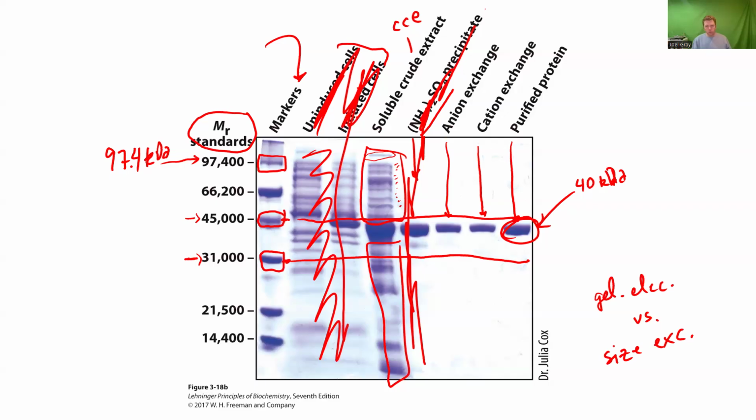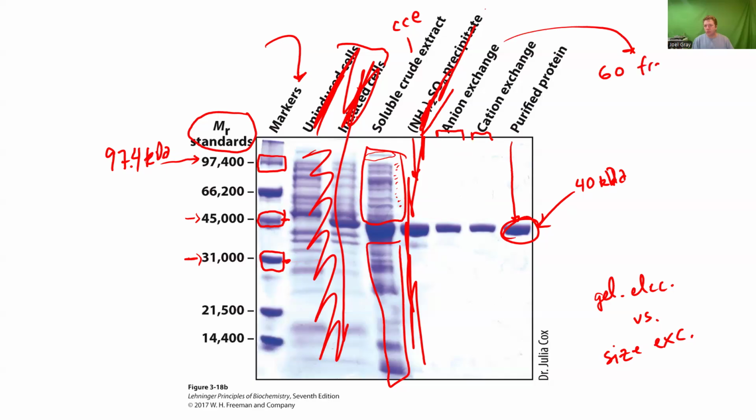So I got a private message question that basically was, I don't understand the anion exchange chromatography versus cation exchange with respect to the results. So essentially, think about anion exchange chromatography as you collect, say, 60 fractions.